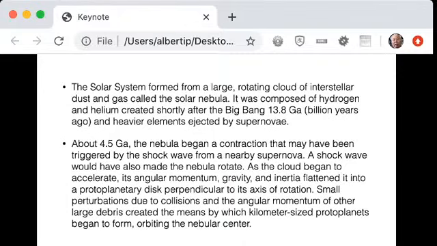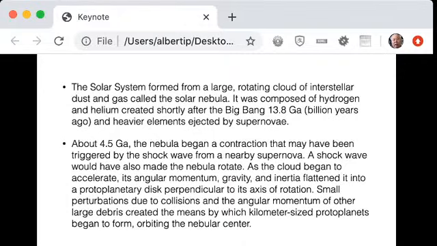It's composed of mainly hydrogen and helium, but obviously we know that we have other elements here as well. So there are some other heavy elements, most likely ejected by a supernova some time ago. About 4.5 Ga, giga annum, so that is 4.5 billion years ago.